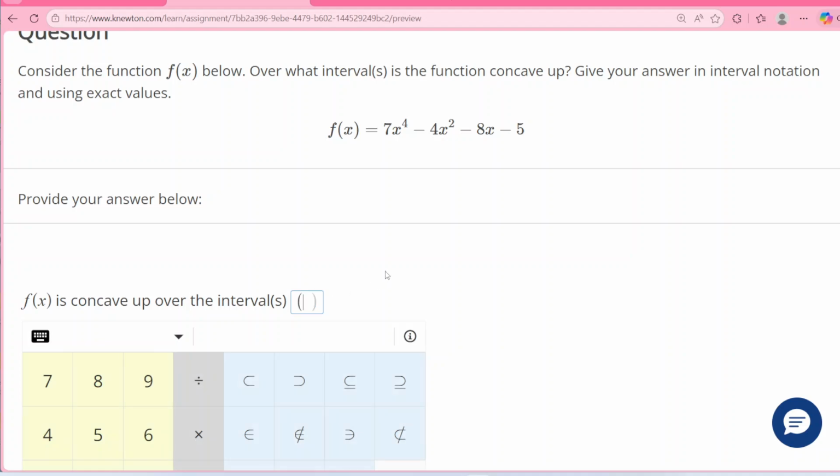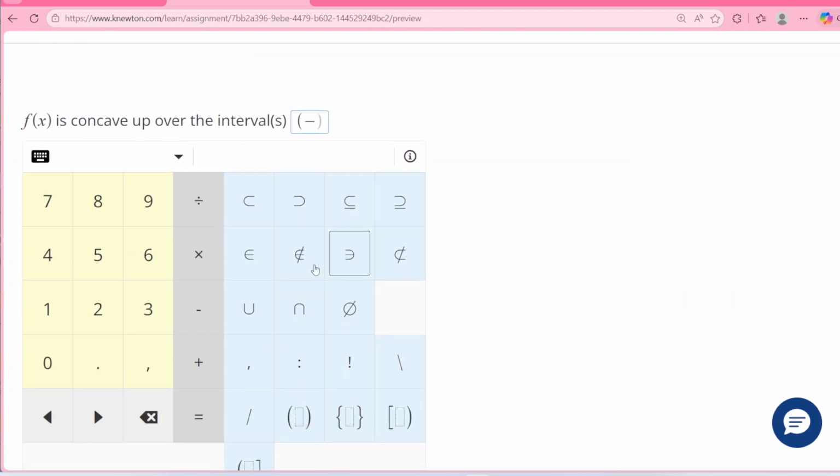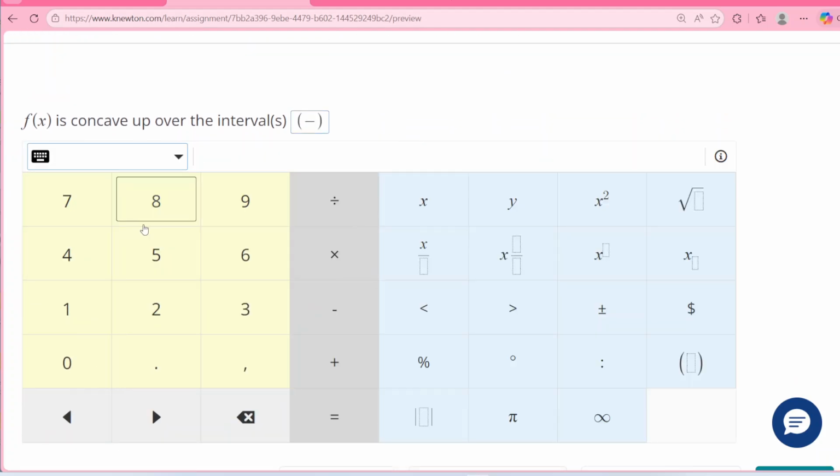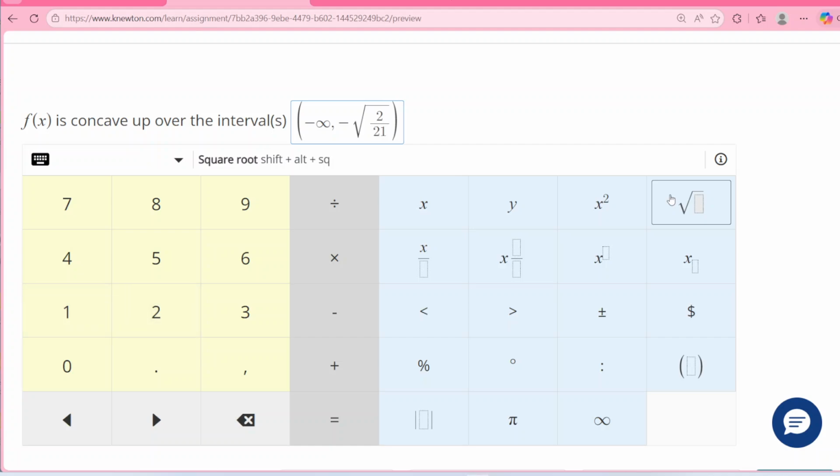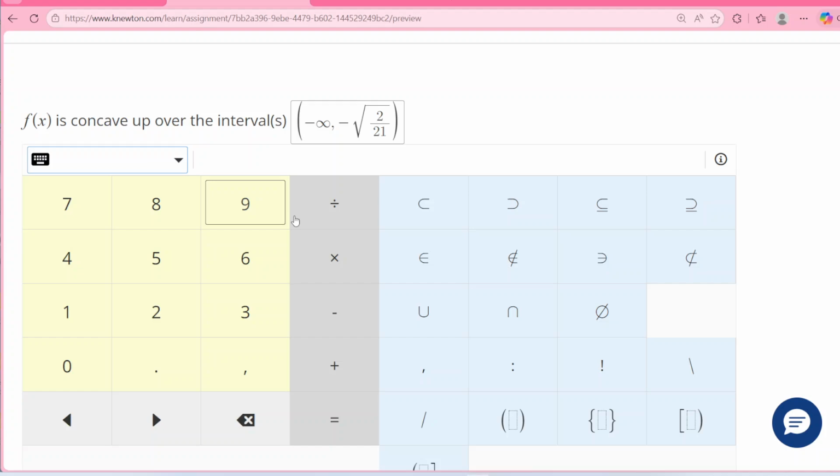So in parentheses, negative infinity is on the basic keyboard, comma, up to that negative square root of 2/21. You don't have to rationalize. Let's leave it that way. And then the union symbol is back on the sets keyboard, union.